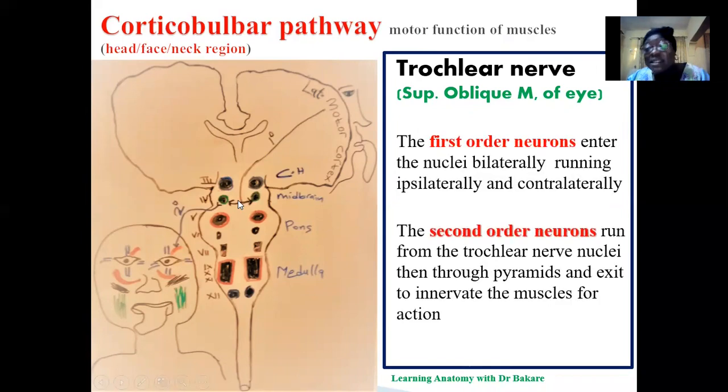It also runs bilaterally, giving an ipsilateral branch and also a contralateral branch. From there, the second order neuron picks it up to innervate the superior oblique muscle, and helps to control the action of this muscle in respect of eye movement. So this is just as we have in the oculomotor nerve. It's just that they innervate different extraocular muscles.